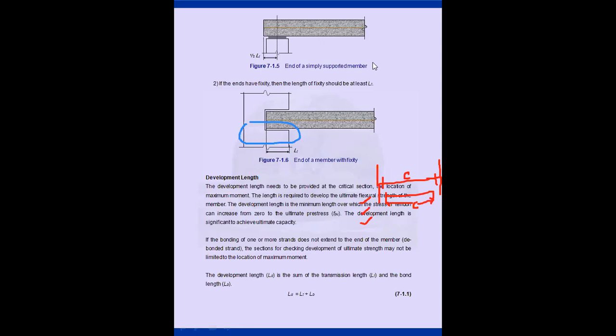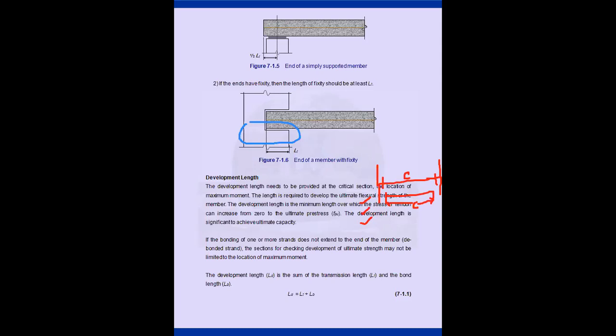After calculating your LT, the rod which is going to be used for making your member pre-tensioned, that length we are going to call the transmission length. From this point to this point is called the transmission length of a simply supported member. Half of this and half of the other end, both ends added together, will give the overall transmission length of the member.